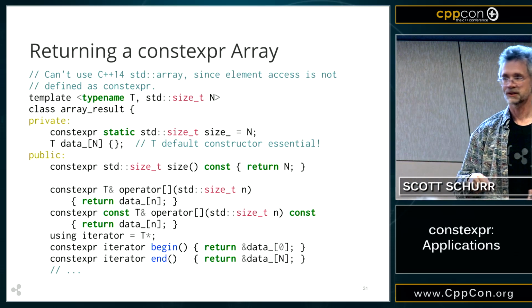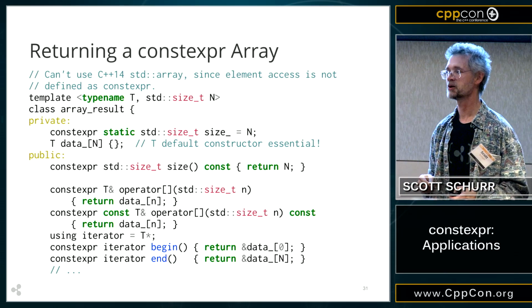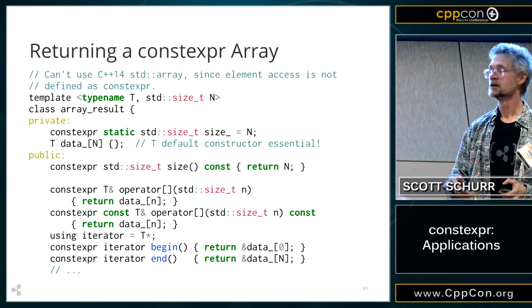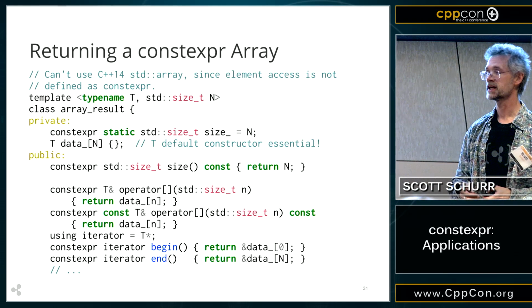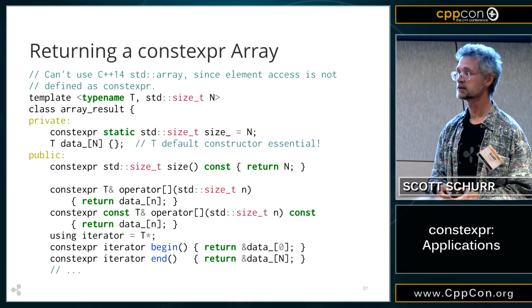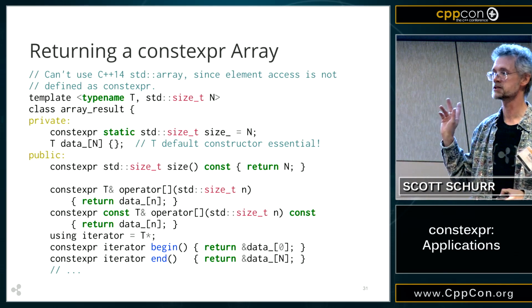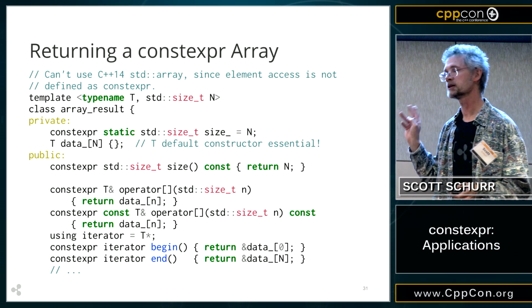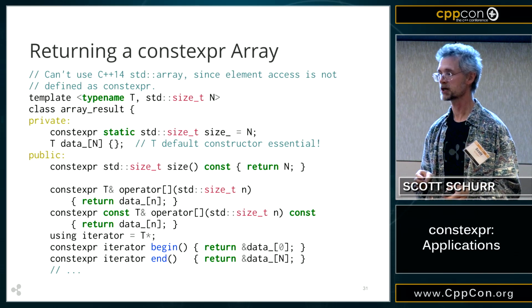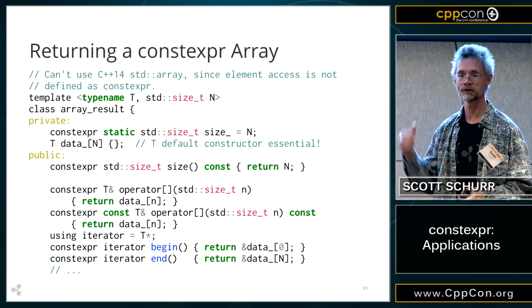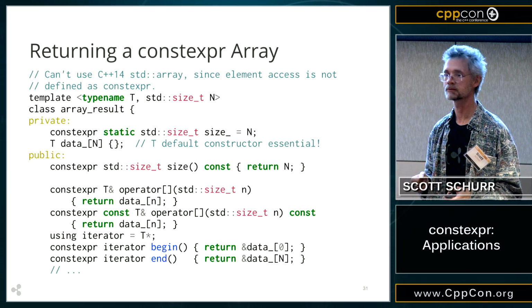So the assertion was that it sounds like a bug in the standard array definition, and that could very well be the case. I haven't talked to anybody about it, but it would be interesting to walk through some of the use cases that I have for this. And I think by putting constexpr in the right places, a standard array would do all this work for us.